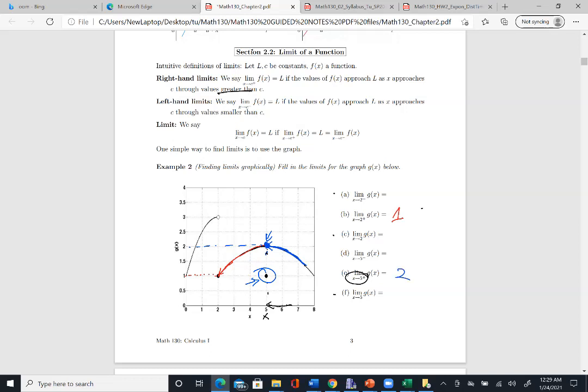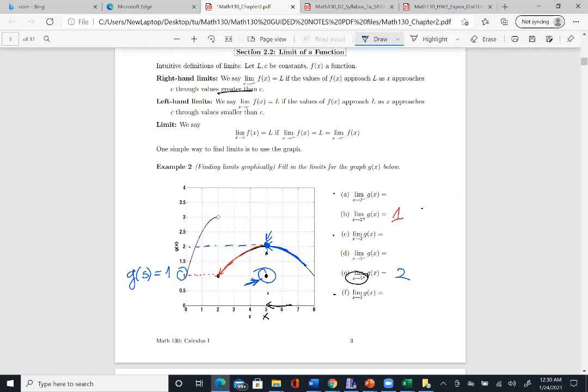Don't put 1 here, because this value of 1 is just the value of g(5) equal to 1, which is not the limit of g(x) when x goes to 5 from the right-hand side. So remember that.